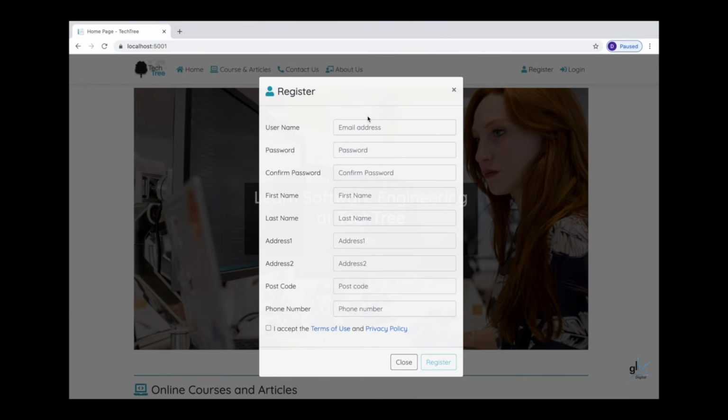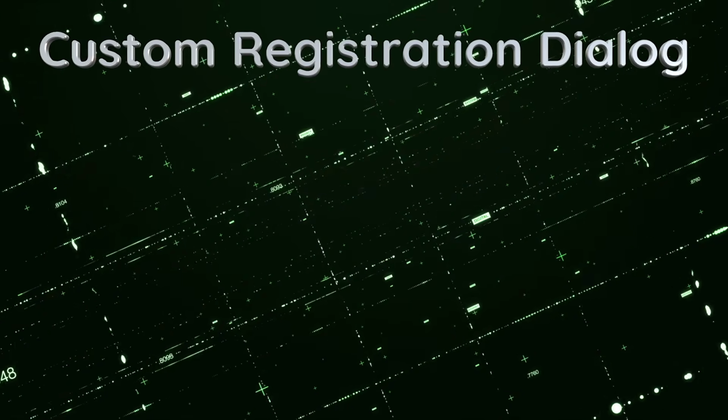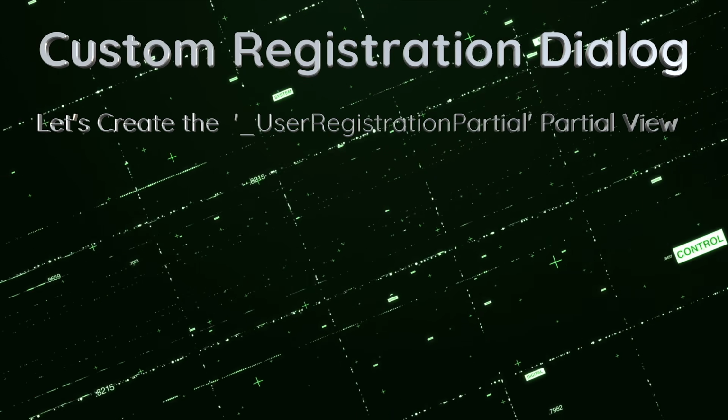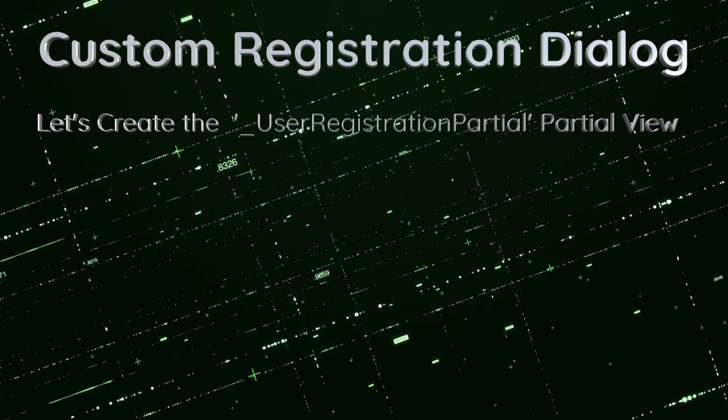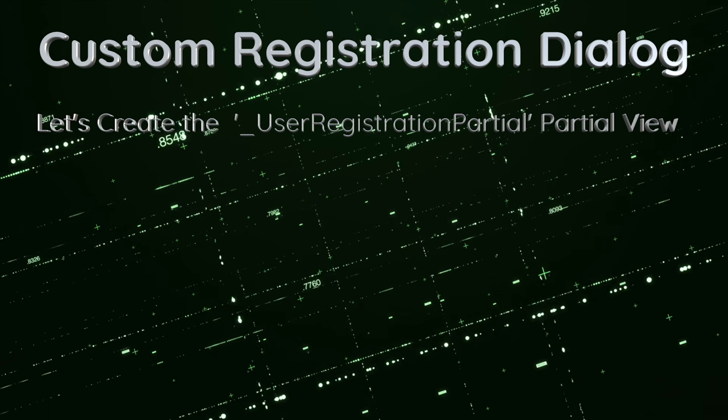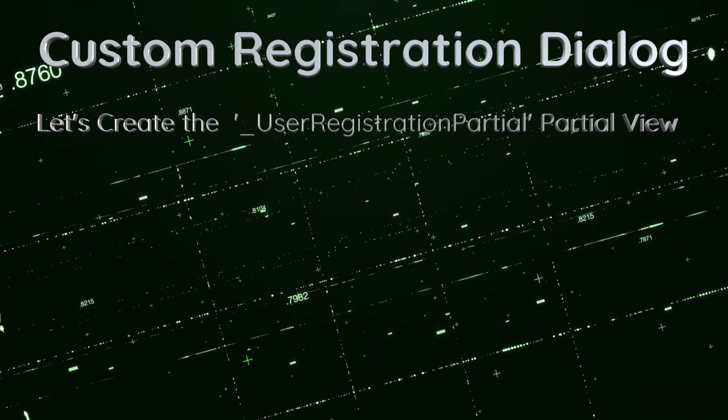So the functional parts for our registration process are very similar in nature to the functional parts that we created for the login process. This means we can use the same ordered structure that we used to implement our code for the login facility for the registration facility. So we'll build the code for our registration functionality under the following headings. Let's create the _user registration partial view. This partial view will contain the code for our registration modal dialog.